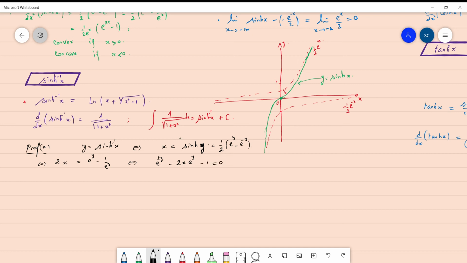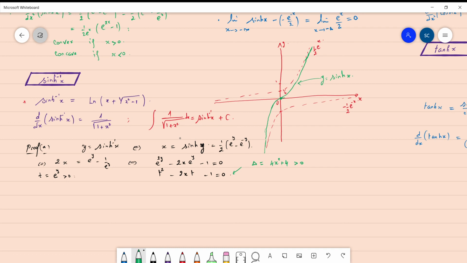Here I will set the change of variable t equals e to the y, with t positive. I have an equation of second degree, t squared minus 2xt minus 1 equals 0, whose delta is 4x squared plus 4, which is strictly positive.